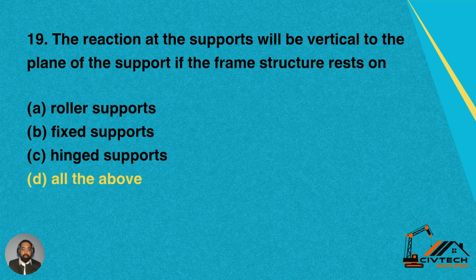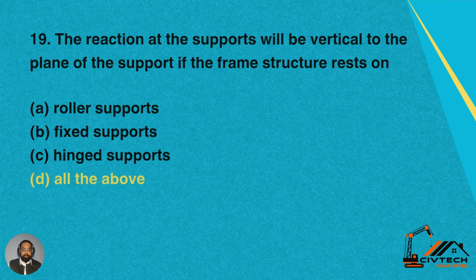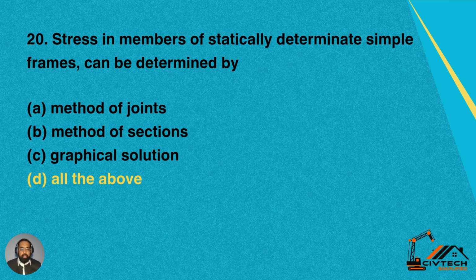The reaction at the support will be vertical to the plane of the support if the frame is resting on roller supports, fixed supports, or hinged supports. So all these options are correct. Therefore, D is the correct option for this question.